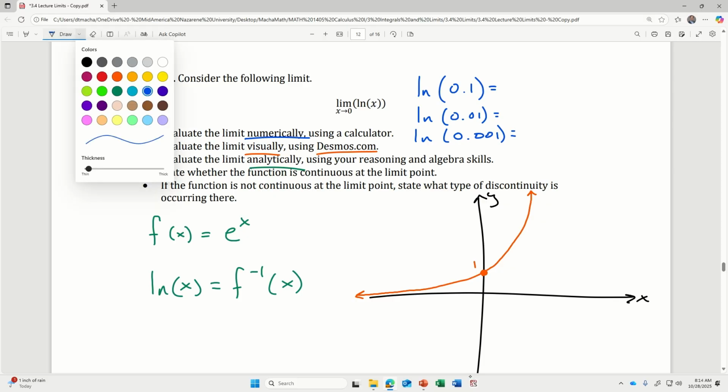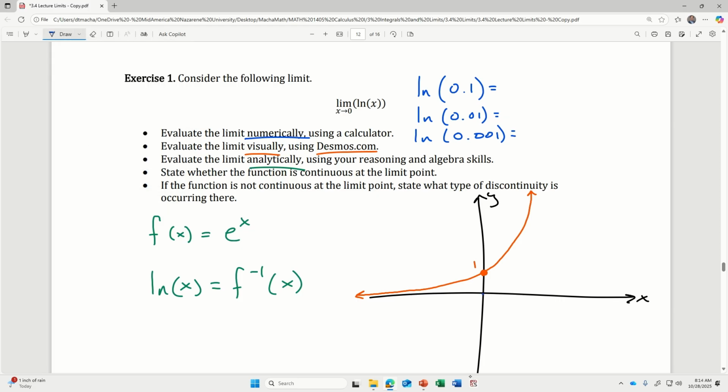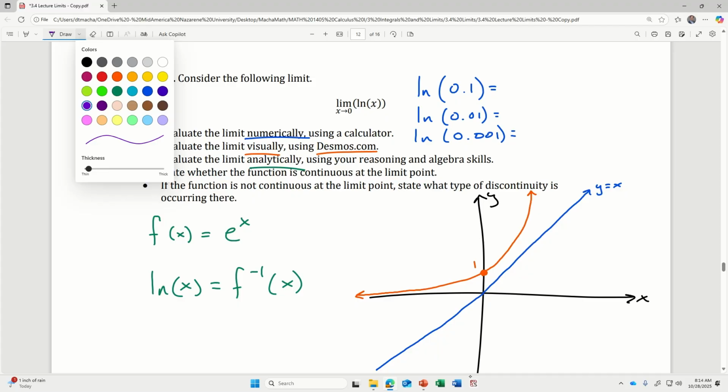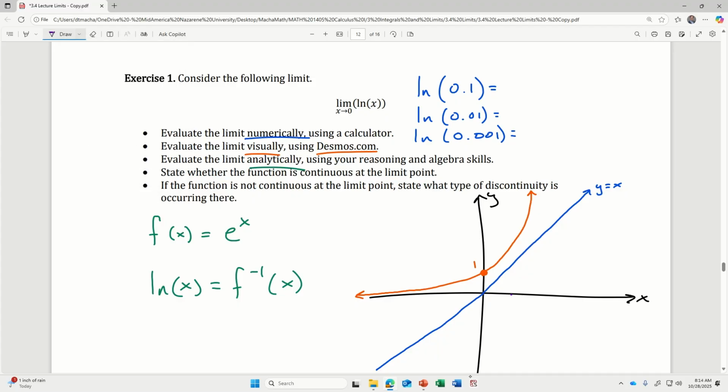And maybe you remember this from your pre-cal or college algebra, but inverse functions have a symmetry about the line y equals x. And so the bilateral symmetry means that it's going to pass through the point 1 on the x-axis. And it's going to be strictly increasing, but very, very slowly as I go to the right.